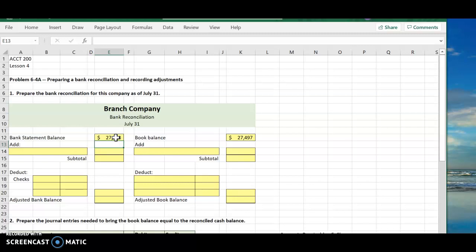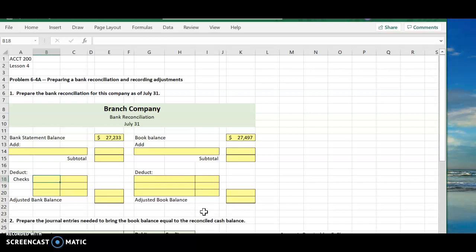We went through all of the checks and checked them off to see if they went through, and if they went through at the same amount that we wrote or recorded it at, because we could make an error there also. We see that we've got a few checks that are outstanding in item B. Down here, I'm going to subtract those from my bank statement balance, because I have them out of my book balance, but not out of my bank balance.